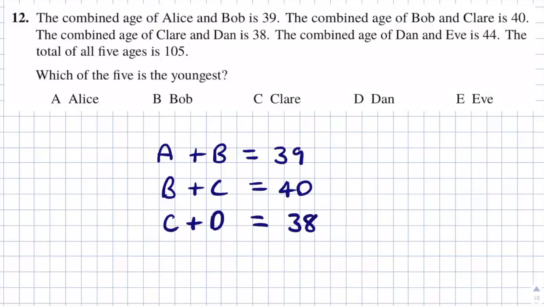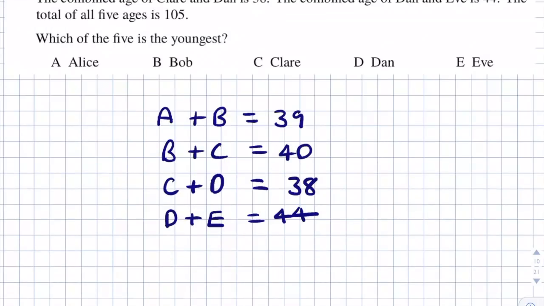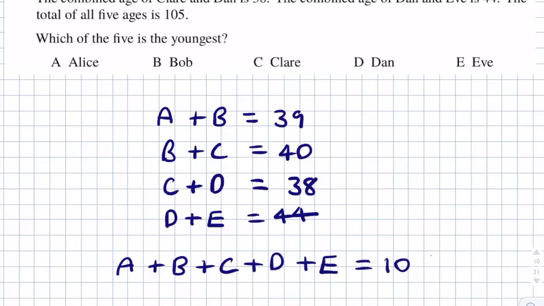And then the combined age of Dan and Eve is 44, so D plus E equals 44. And then lastly, we're told the total of all 5 ages is 105. So that means Alice plus Bob plus Claire plus Dan plus Eve equals 105.